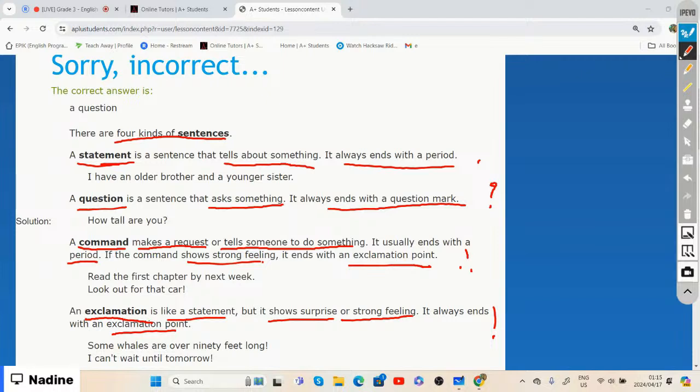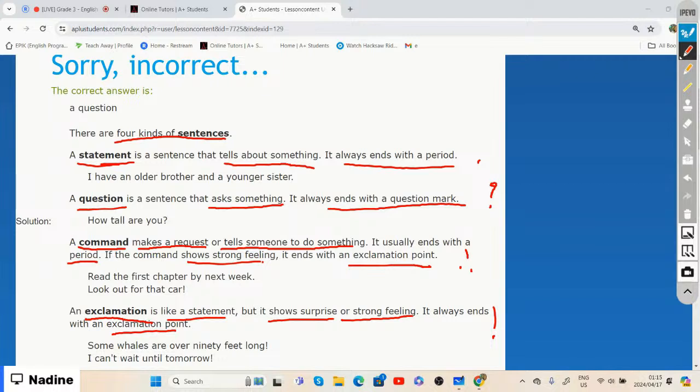right? So those are examples of sentences, right? And we said we have four kinds of sentences, and it is a statement, it's a question, it's a command, as well as an exclamation, right? So that's the four types of sentences.